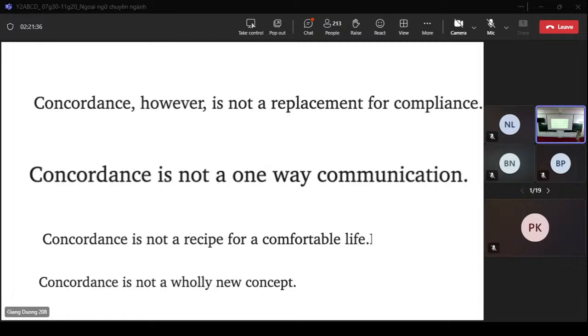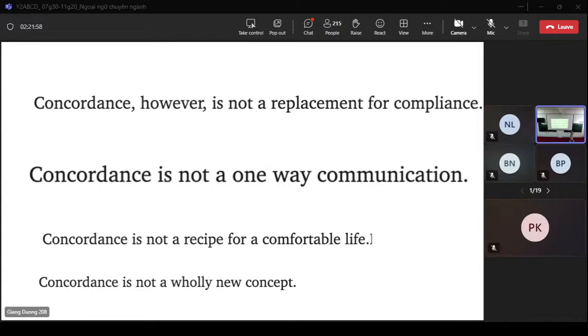These are some ideas about concordance I read from NHS. Okay, it's not a replacement for compliance. It has its own meaning. And it's not a one-way communication, it is two-way, the mutual agreement between the doctor and the patient.